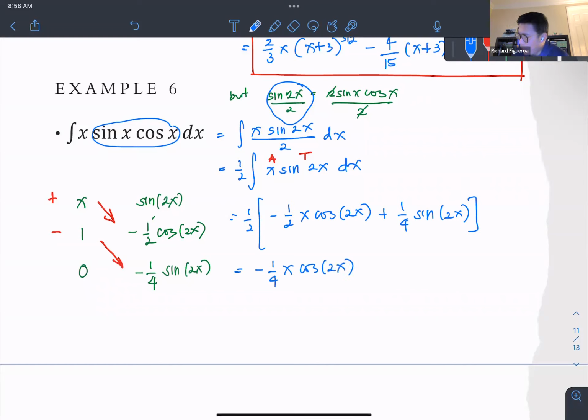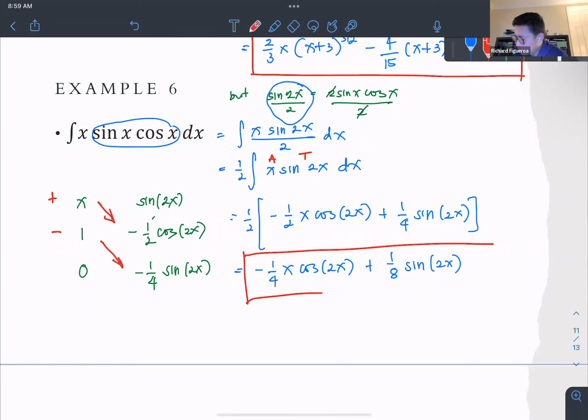So distribute natin yung 1/2. 1/2 times 1/4 plus 1/8 sine 2x. Negative 1/4 x cosine 2x plus 1/8 sine 2x.